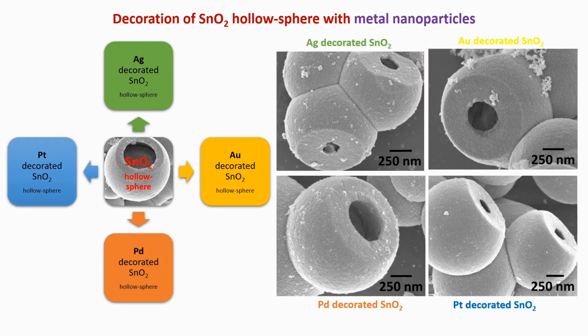These hollow spheres were obtained using a hydrothermal method, a chemical route, and these sensing materials were further utilized to make the sensor array, which was used for the measurement of the volatile organic compounds.